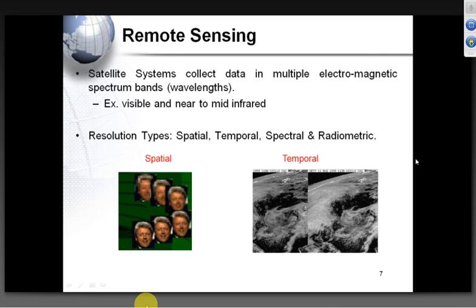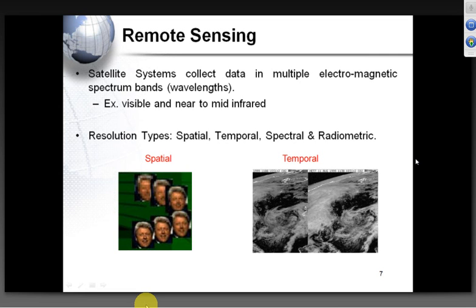So spatial means it is the ability of the sensor to identify a small distinguished difference which is visible to the human eye. Means how much detail we can acquire from a particular sensed image. That type of resolution comes under spatial resolution. Second is temporal.